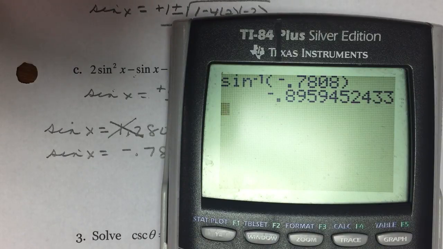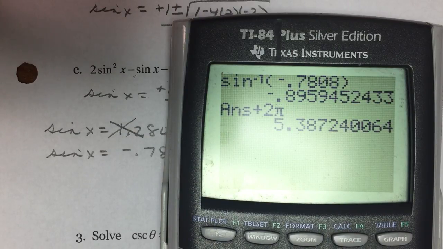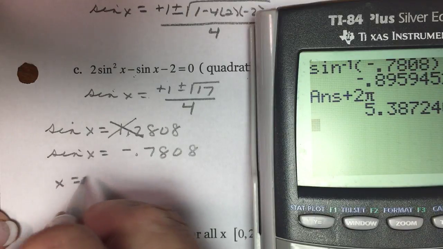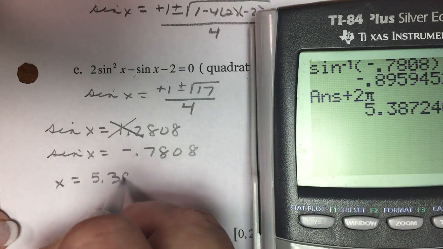So what you're first going to do is add 2 pi to this, because that's going to give you your angle between 0 and 2 pi. That's negative. That's not between 0 and 2 pi. So I just added the 2 pi to get the angle that looks exactly like it. So the first answer would be x is equal to, we'll just go 5.38.